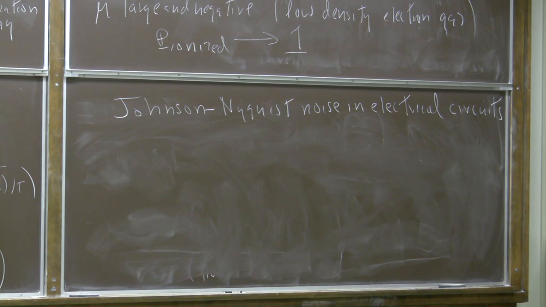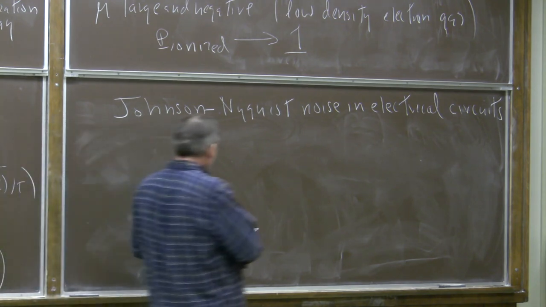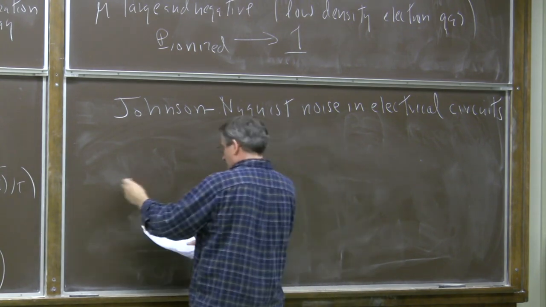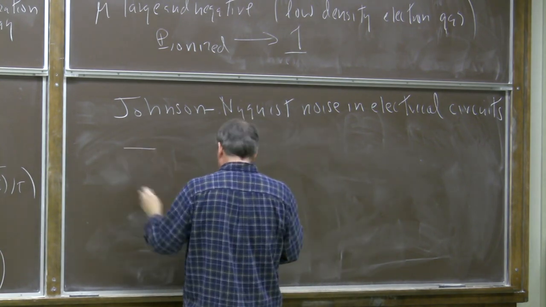There will be fluctuations in the value of that voltage drop. And they arise because of the thermal fluctuations in the circuit.